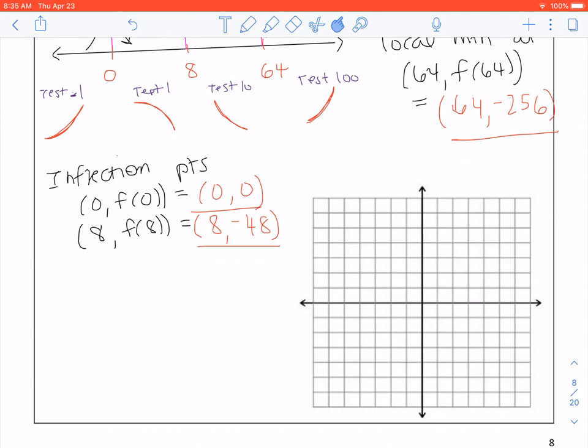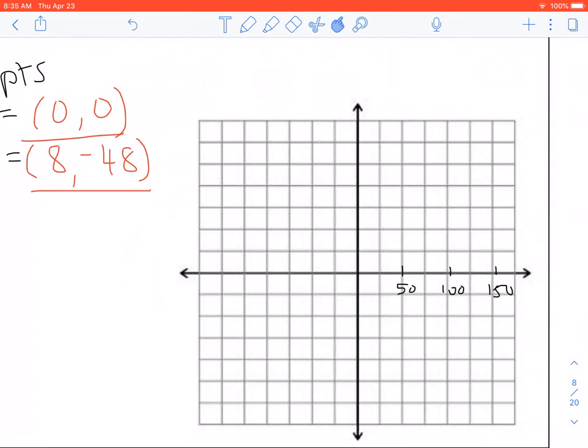So this would be 50, and then 100, 150. And then for my y-axis, I'm going to count a little bit larger because we do have larger values there. And we'll go ahead and do counting by 100. So negative 100, negative 200, negative 300.